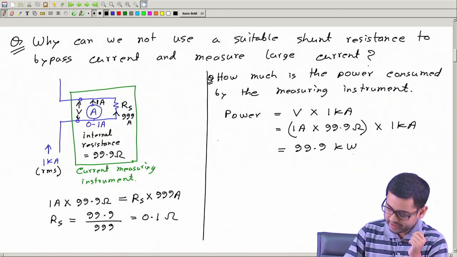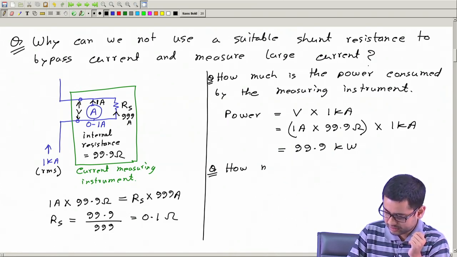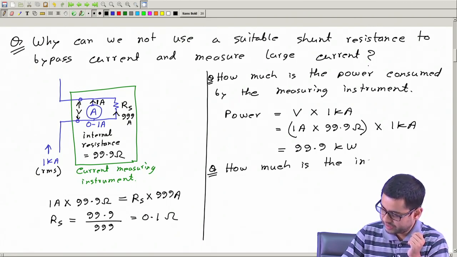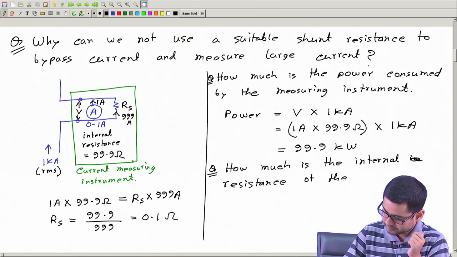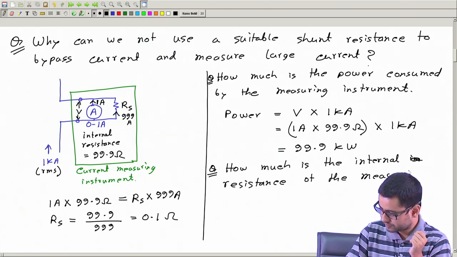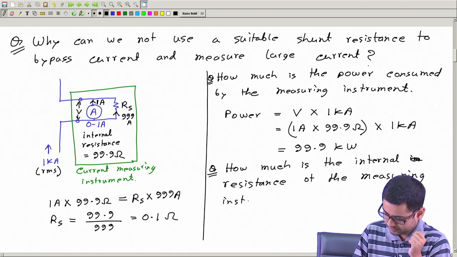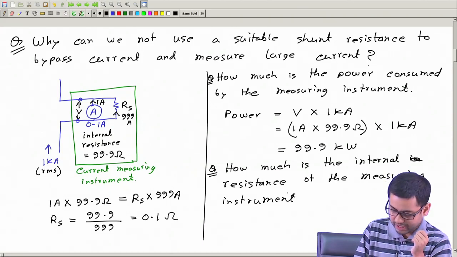Then also let us ask another question: how much is the internal impedance or resistance of the measuring instrument? That means this thing together, this ammeter and the shunt resistance.